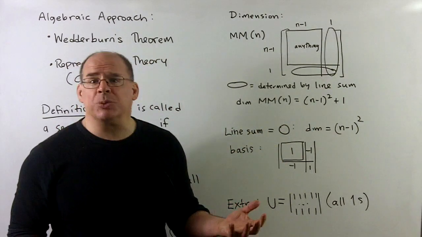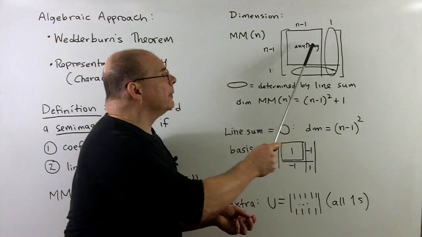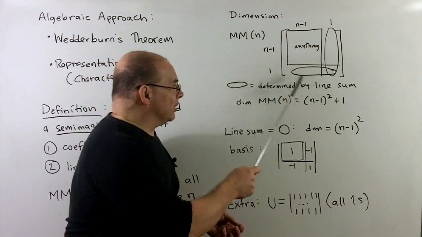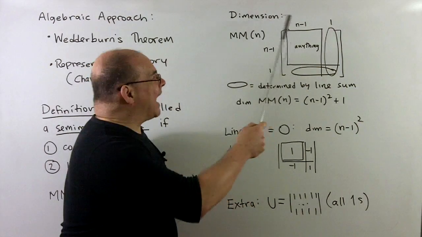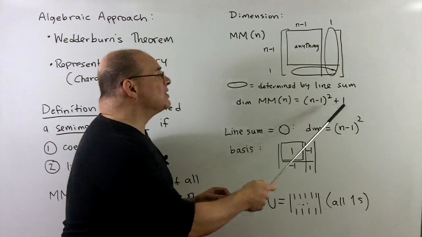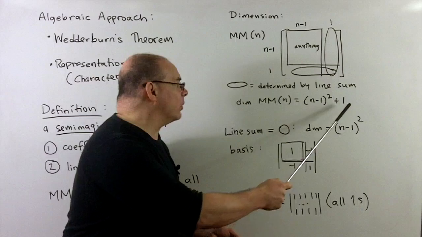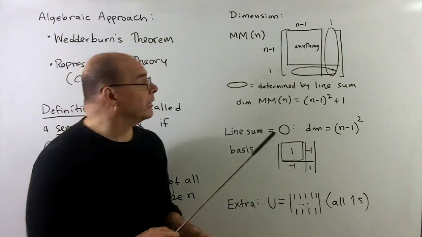Because we're over a vector space, we could let the values in this block be whatever we want, and then once we decide on the line sum, that'll fix the values in the strips. So for dimension, I've got (n minus 1) squared from this block, and then the line sum is going to fix the other values. And so we get our dimension as follows. This will be suggestive of something coming up.